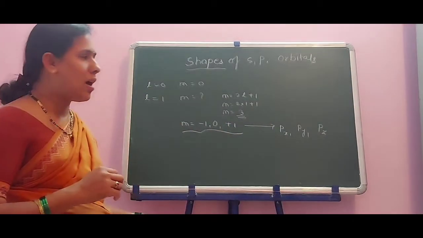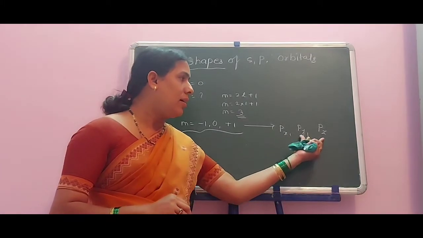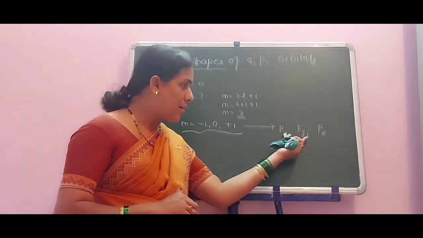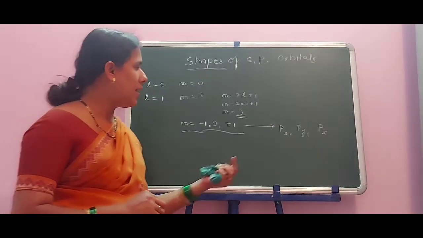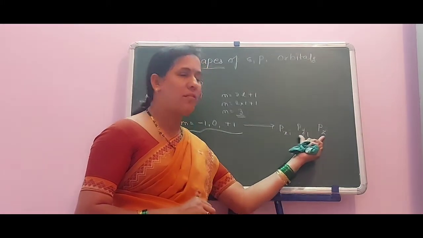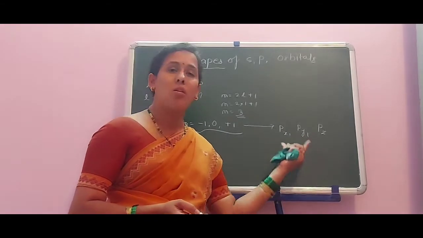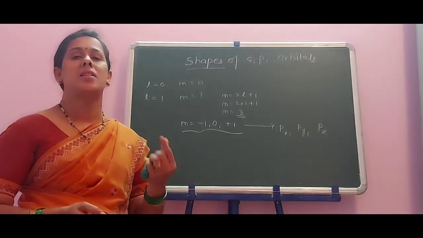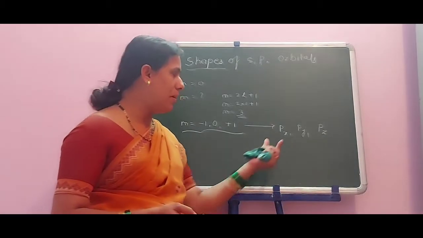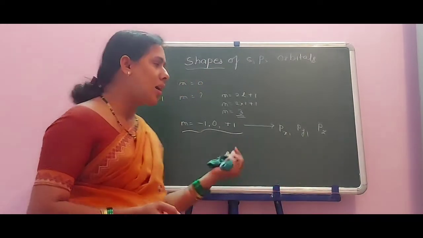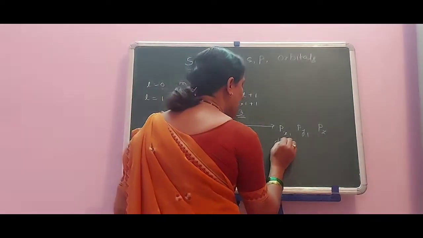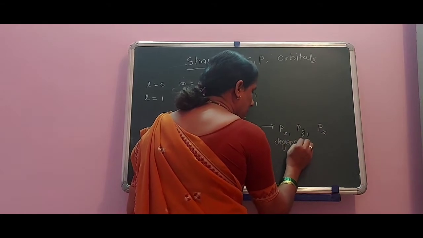One point should be noted: as the p orbital comprises three suborbitals along the coordinate axes, these three orbitals possess the same energy and shape. Therefore, these orbitals are also known as degenerate p orbitals.